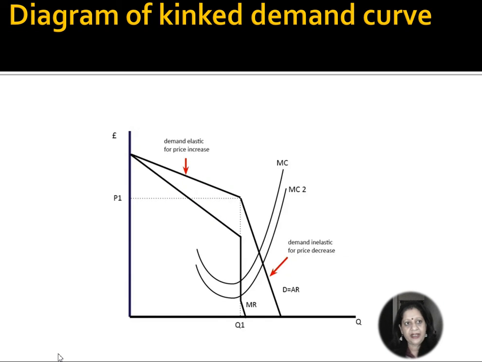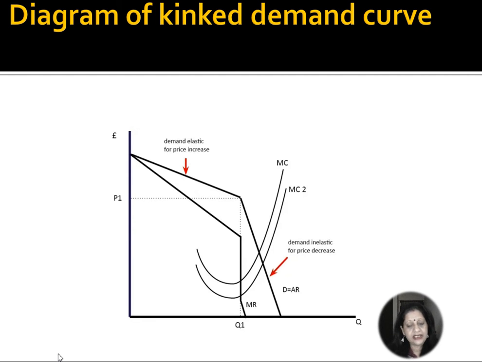This is the diagrammatic representation of the kink demand curve. Here you can see a demand curve. There is slightly a kink, that means a bend towards downward. The point where the demand curve starts bending is known as the kink, because here the rival firms join together and agree to do business upon certain terms and conditions which every firm has to follow.